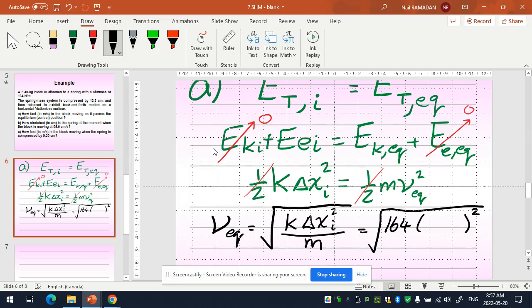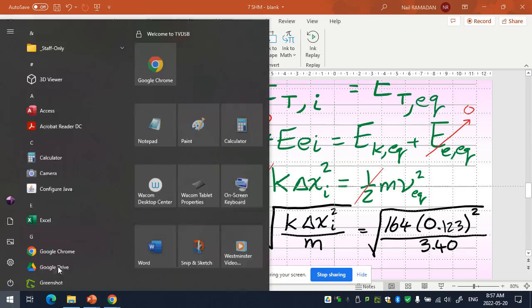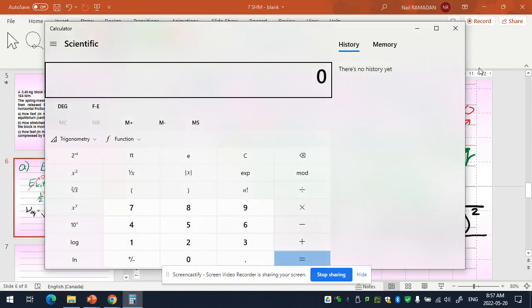Has to be converted to meters, so you divide by 100 and you get 0.123. What's the mass? 3.4 in kilos. Great. Everything, please make sure, is under the square root. Done. That's it. Let's do the calculation.